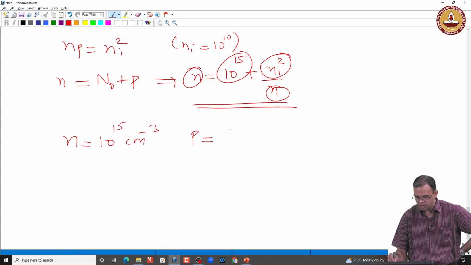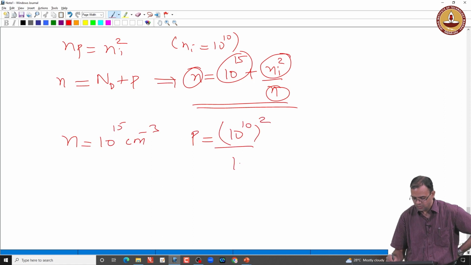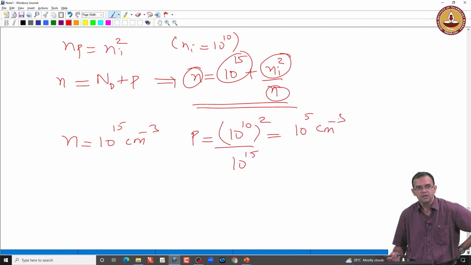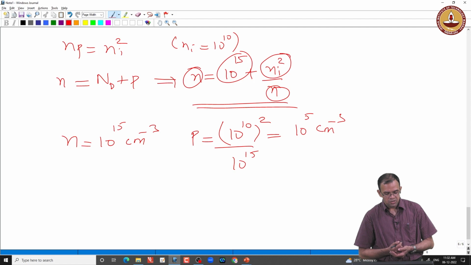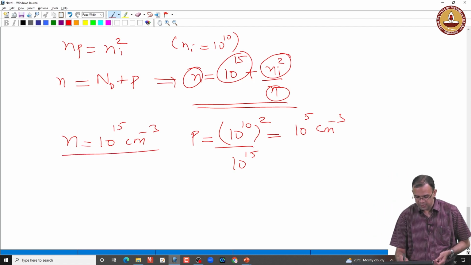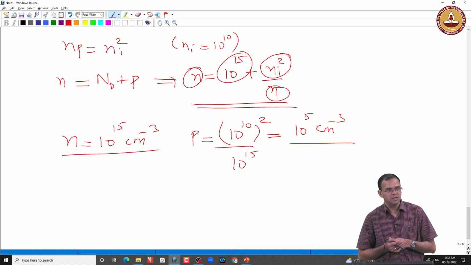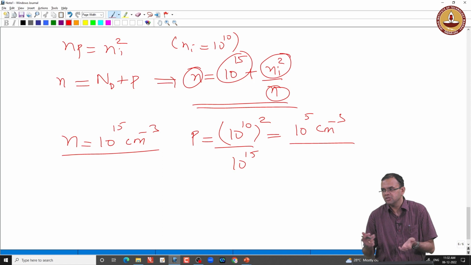P would be 10 power 10 square by 10 power 15, so this would be 10 power 5 per centimeter cube. So again you would have an n-type semiconductor with around 10 power 15 electrons and 10 power 5 holes. So this makes it an n-type semiconductor.